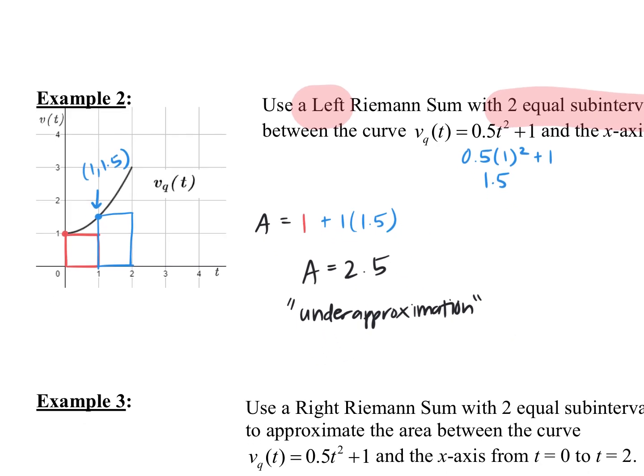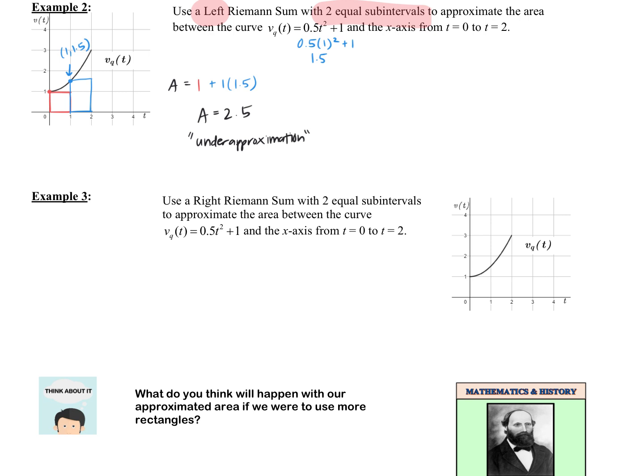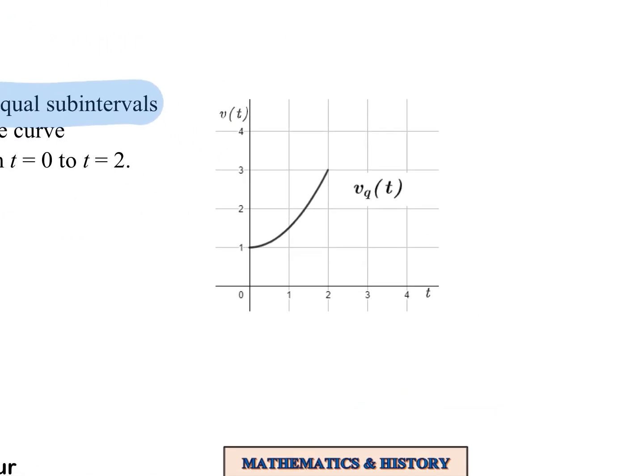Okay, so that's the left Riemann sum, always starting with the left point. That is the top left-hand side of your rectangle when you create it. Okay, example 3, same picture again, except this time we're using a right Riemann sum with 2 equal subintervals. If I zoom in here and draw my rectangles on this graph, I'm starting on the right side.